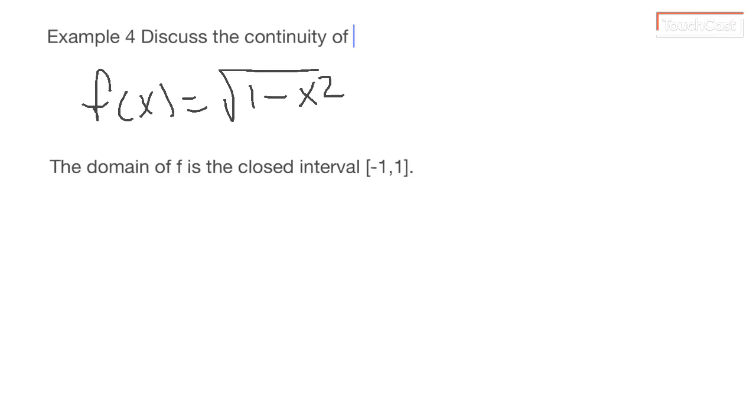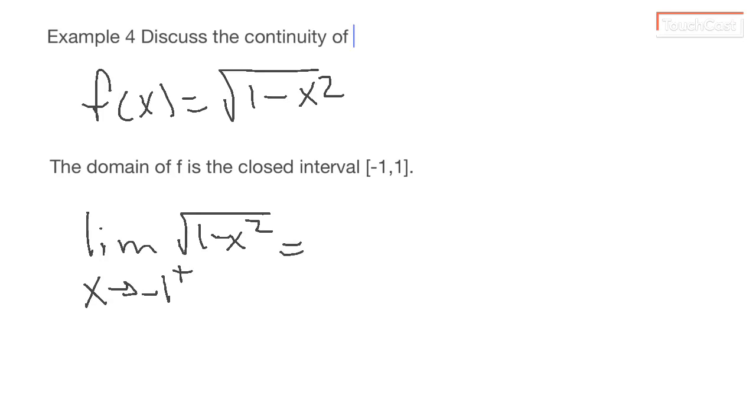So if we find the limit of the square root of 1 minus x squared as x approaches -1 from the right, so we're looking at all the numbers that are greater than -1, that limit's going to get closer and closer to 0, which actually is f of -1.